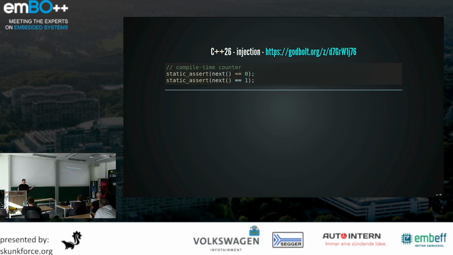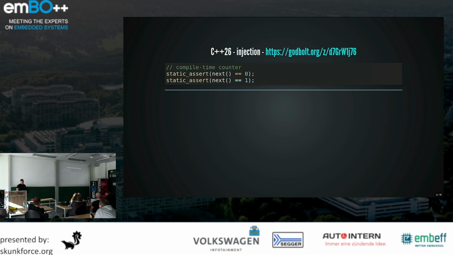Who is aware of stateful metaprogramming? For the record, okay, no one. Not a lot of people. Stateful metaprogramming is this weird trickery in C++03 that you can actually have, for example, a meta counter, which is different each time, like an underscore counter, but in the metaprogramming space.